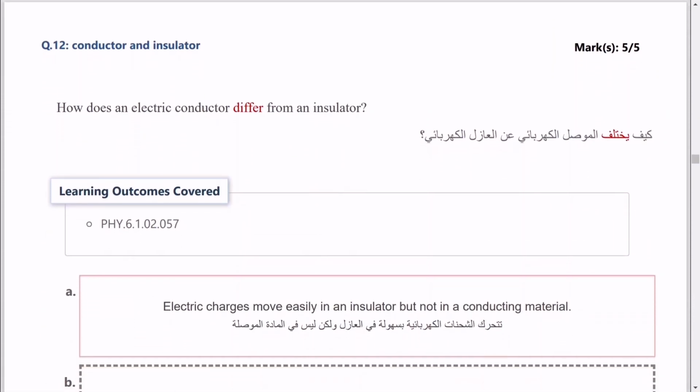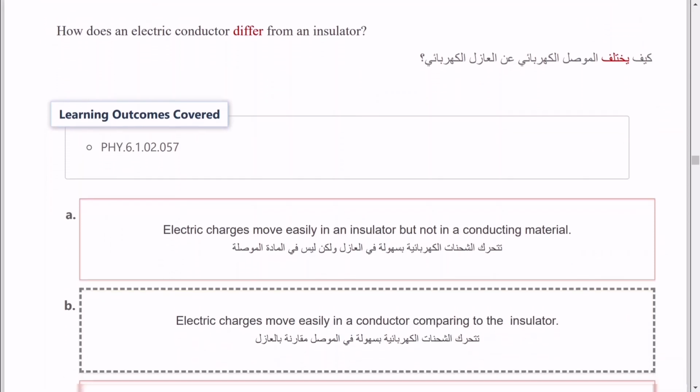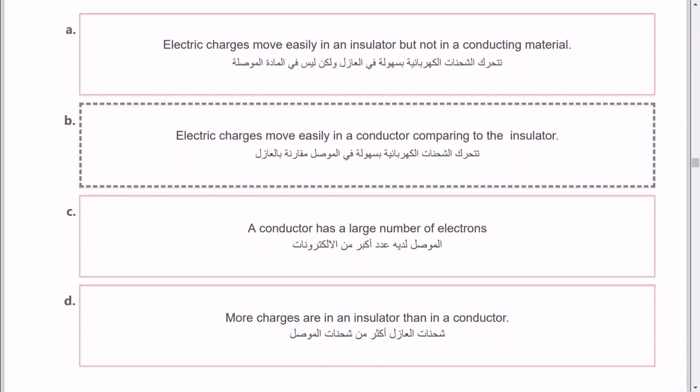Question number 12 is from conductor and insulator. How does an electric conductor differ from an insulator? See, in an electric conductor, electrons will be free, or there will be very large number of free electrons. So these electrons can move within the conductor. And in an insulator, the number of free electrons will be very, very less.